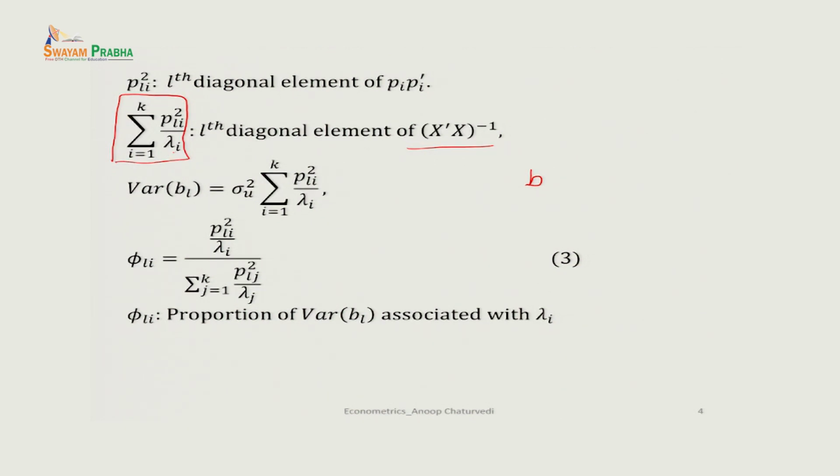Variance associated with lambda 2 is p l 2 square upon lambda 2 and so on. So, the variance associated with lambda i is p l i square upon lambda i. So, this is the variance associated with eigenvalue lambda i and we divide it by the total variance, summation j equal to 1 to k p l j square upon lambda j. So, finally, phi l i gives you the proportion of variance of b l associated with lambda i.